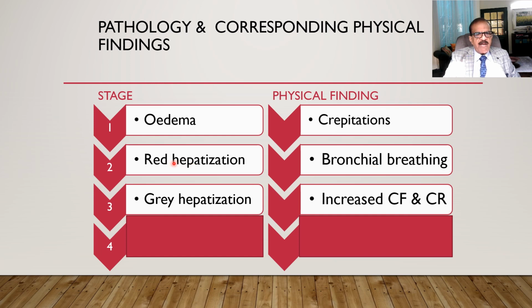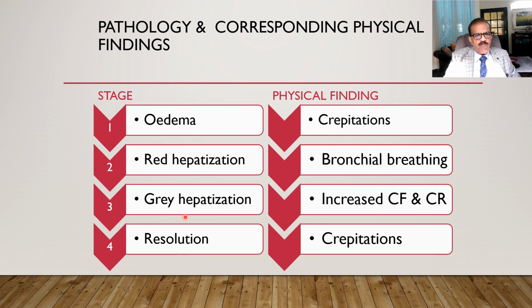Then red hepatization is converted to gray hepatization. That means RBCs are absorbed by macrophages or expectorated, and then you have a liver-like structure, but it is gray in color. This is the same stage as before, so I think you would have bronchial breath sound and also increased vocal fremitus and vocal resonance.